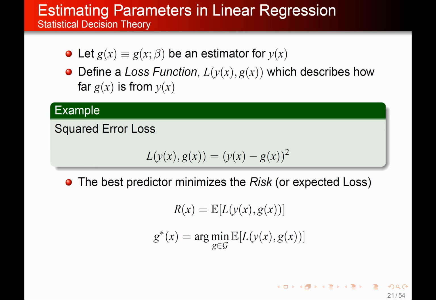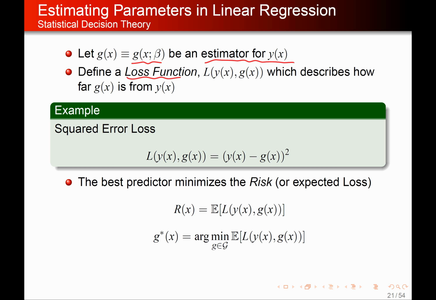Now we want to estimate parameters in linear regression, and this is statistical decision theory. Suppose we have g(x, beta) to be an estimator for y(x), and we want to define the loss function, which describes how far g(x) is from y(x).